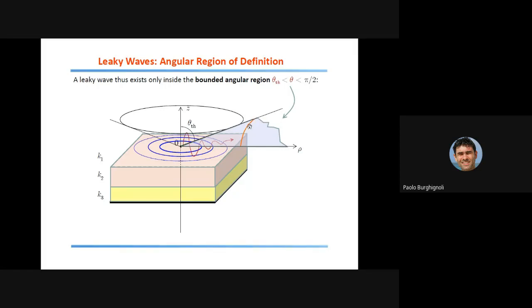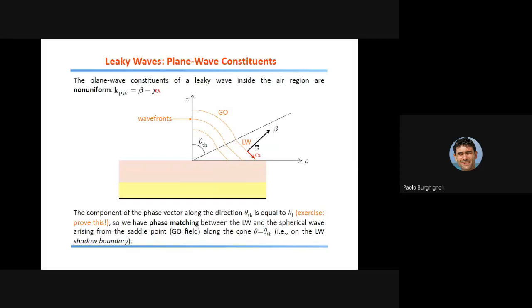So it does not go all the way to infinity in the upper direction, because at a certain point, at this wedge, it must stop. So we have a cylindrical wave that propagates, and it increases exponentially inside the region where it exists. Why this exponential increase? Well, we will see that in a moment.